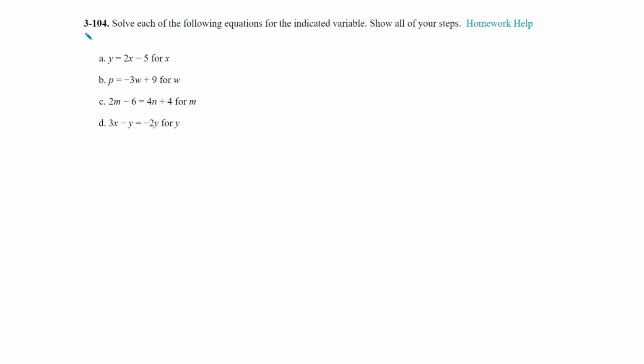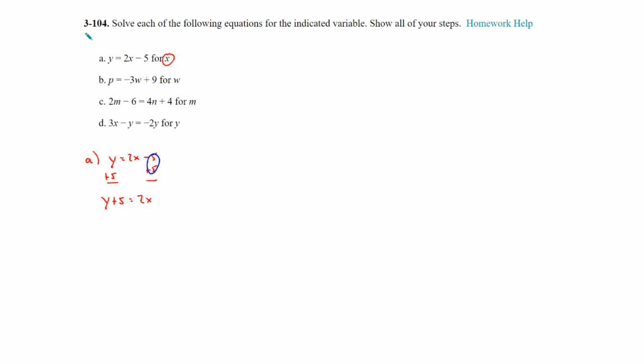Question 104, solve each of the following equations for the indicated variable. We need to show all our steps. Part A, we're solving for x. We have y equals 2x minus 5. So we can add 5 to both sides. Y plus 5 is equal to negative 5 plus 5 is 0.